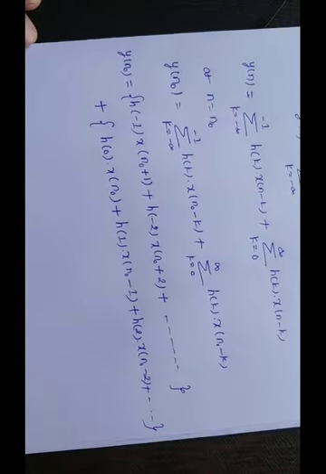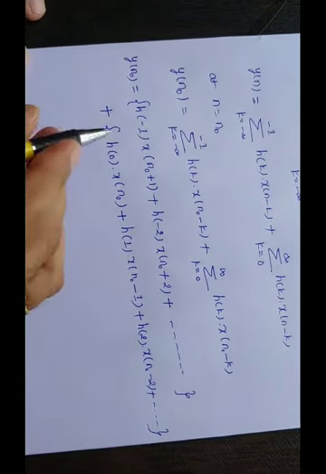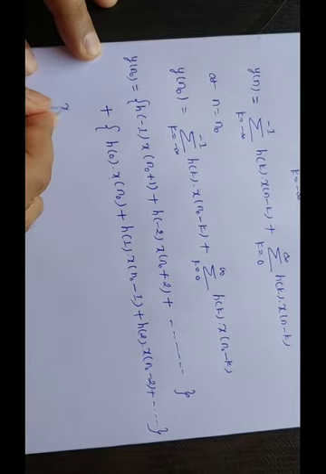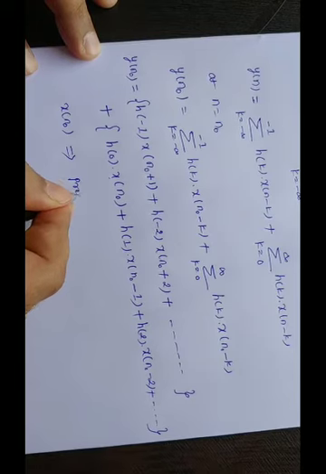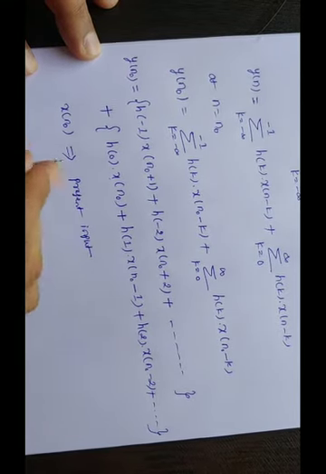Now let us look at this equation carefully. Here I can tell that x of n naught is the present input.